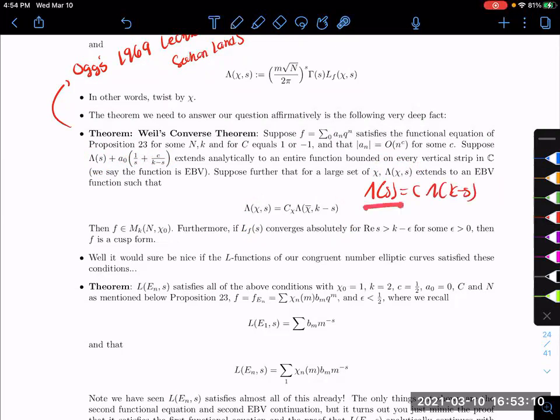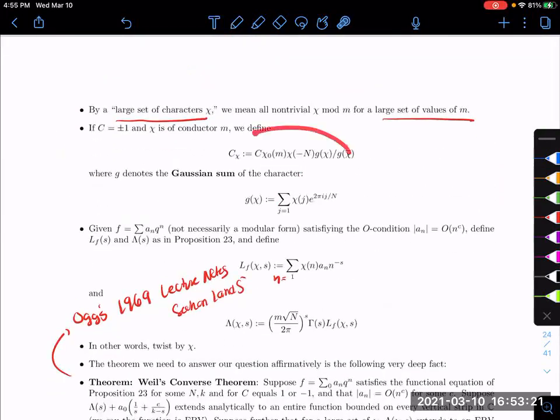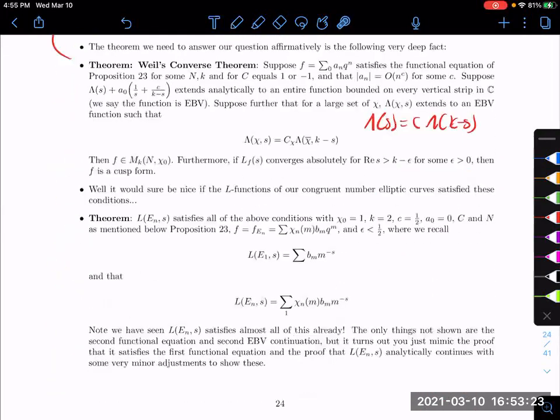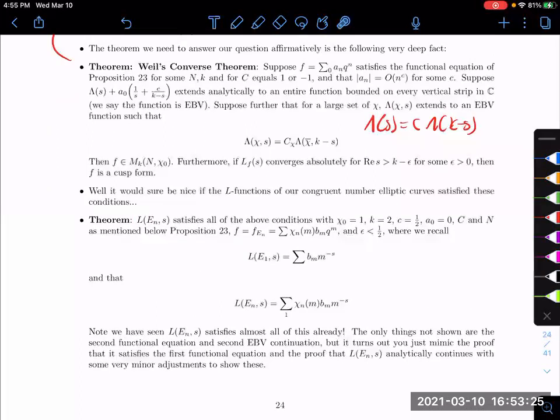But we're replacing lambda on both sides by the twisted version of lambda, on the left-hand side by chi, on the right-hand side by the complex conjugate. And we're replacing c by the c sub chi that I defined up here. Okay. So basically, f has a nice functional equation and extends analytically, and so does its twisted version. Really, if you boil it all down, you can kind of just say it like that.